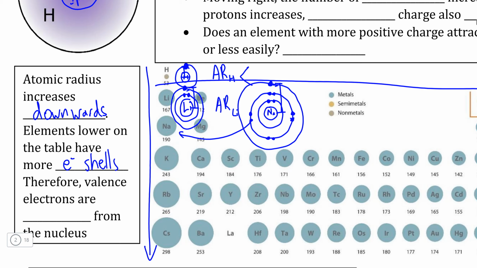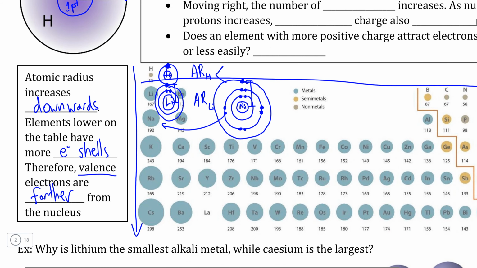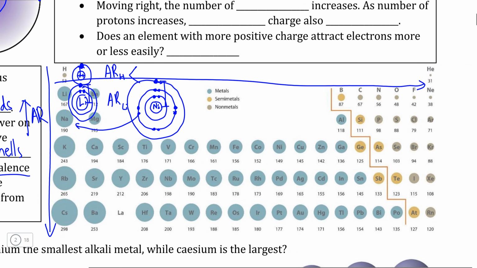So the farther down the periodic table we go, the more shells the element is going to have, and therefore the farther the valence electrons are from the nucleus, and this is why atomic radius, which we will label as AR, increases as we go down the periodic table.